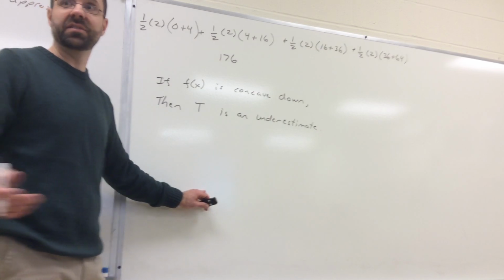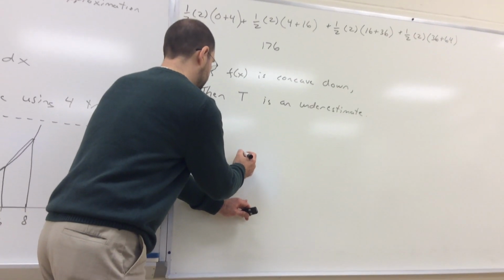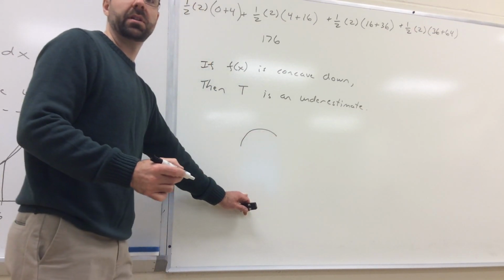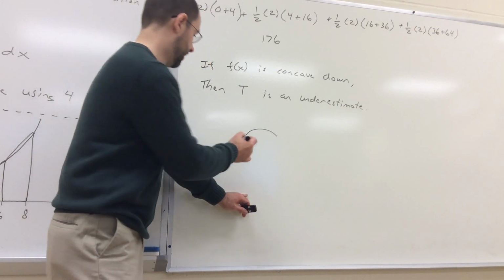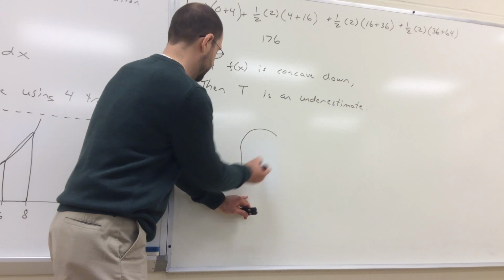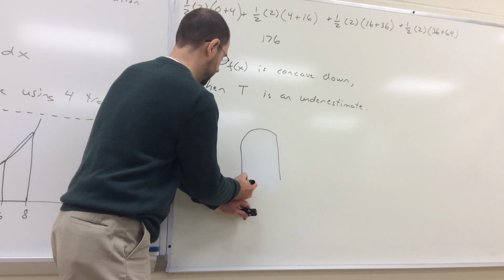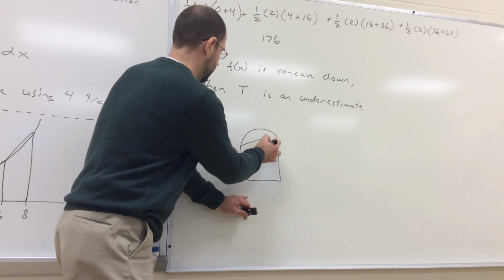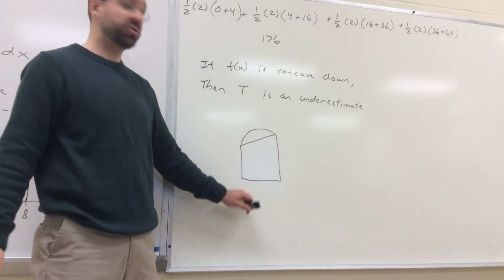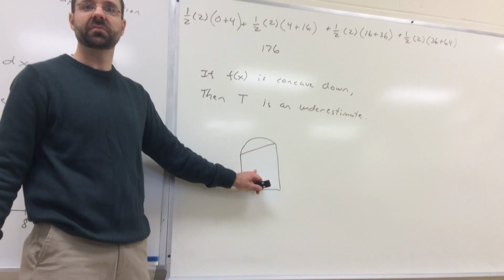So what I'm saying is simply, if you have a concave down graph, and you approximate the area under this using a trapezoid, the trapezoid's going to be too small. That's all I'm saying.